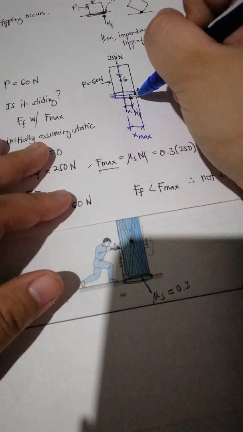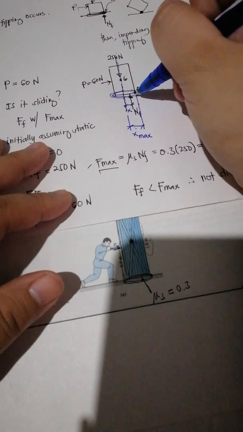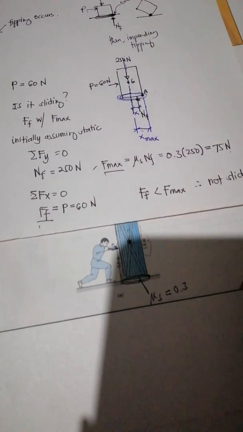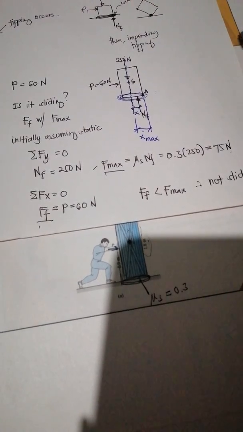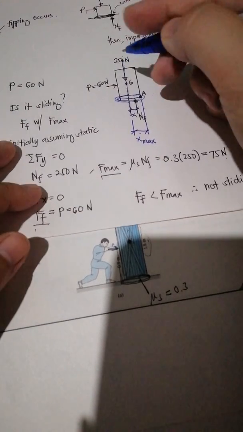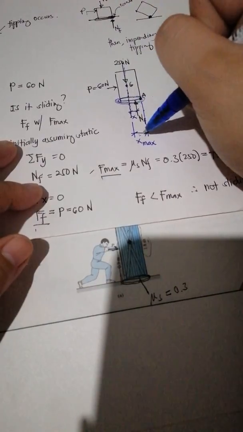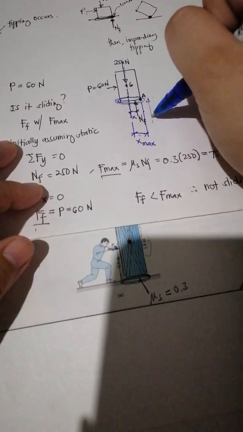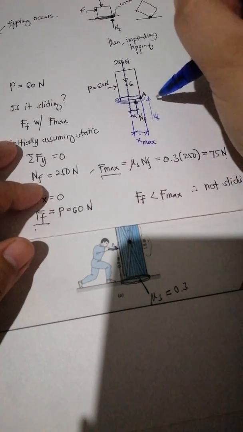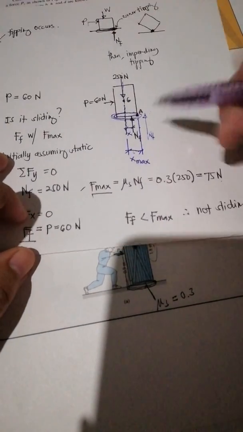Again, if it acts exactly at the tipping corner, then it's impending tipping, and if tipping is impending, then it's still at rest. But if we find that the value of X is greater than X maximum, meaning the normal force is acting here, which is not possible, we could say that it's already tipping.